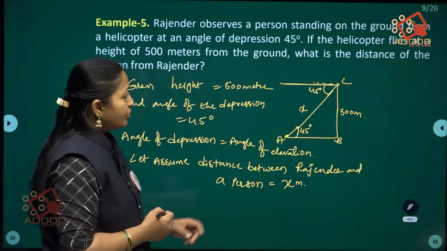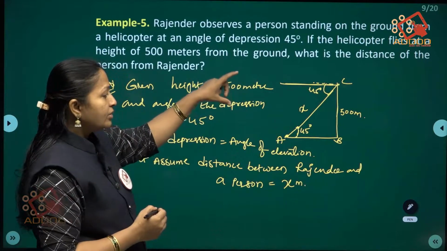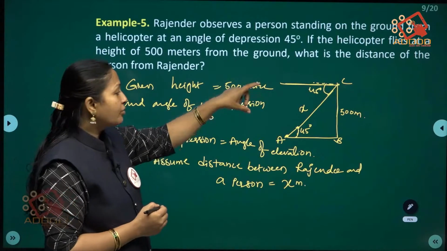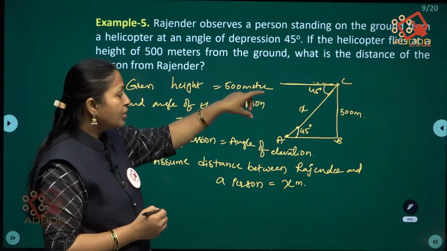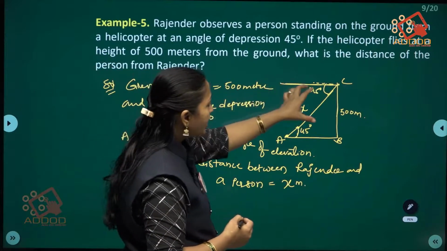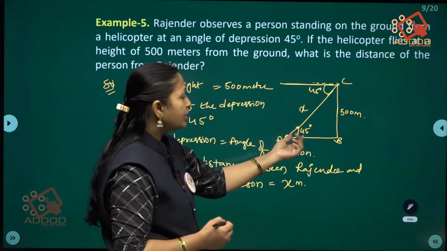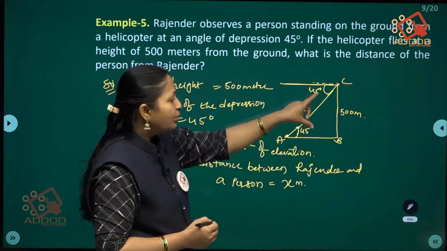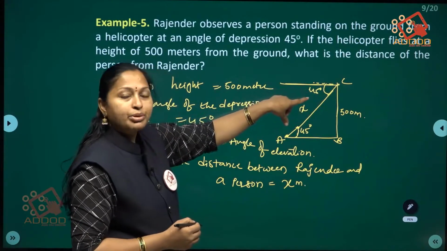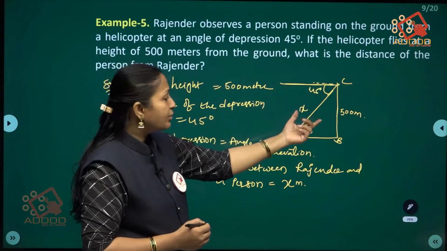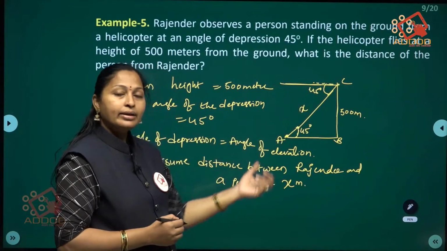Now for finding x meters, choose one trigonometric ratio involving AC and BC. So with respect to angle 45, BC will become the opposite side and AC will become the hypotenuse. Now choose a trigonometric ratio involving opposite side and hypotenuse.